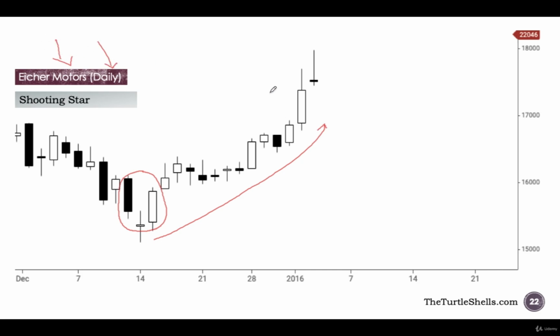Now up until here, the bulls are happy, those who bought at the morning star. When this candle opens, the bulls are even more happy because it's a gap up opening. The bodies are not touching each other. But during the session, the bulls have taken the price beyond this 18,000 level, but could not close above that 18,000 level.